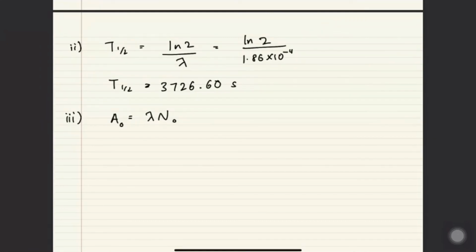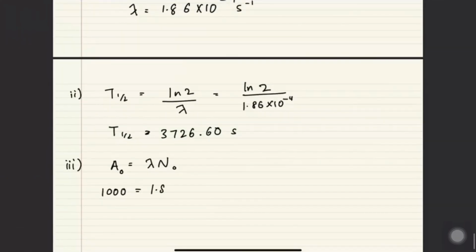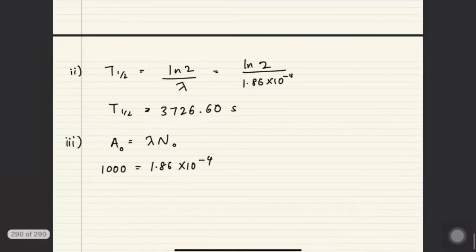So A knot tadi kita adalah 1000 becquerel. Lambda tadi kita baru kira 1.86 times 10 negative 4. So N knot here is equals to 1000 divided by 1.86 times 10 negative 4. So that is 5.38 times 10 to the power of 6 nuclei.